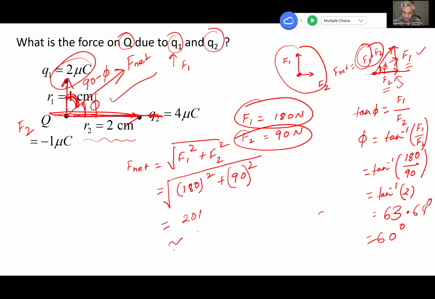When we do the approximation, rounding to 1 sig fig, it's going to be 200 newtons, of course. And did anyone check if this 180 and 90 are right? I did not check that. Okay, I see at least one thumbs up from video.